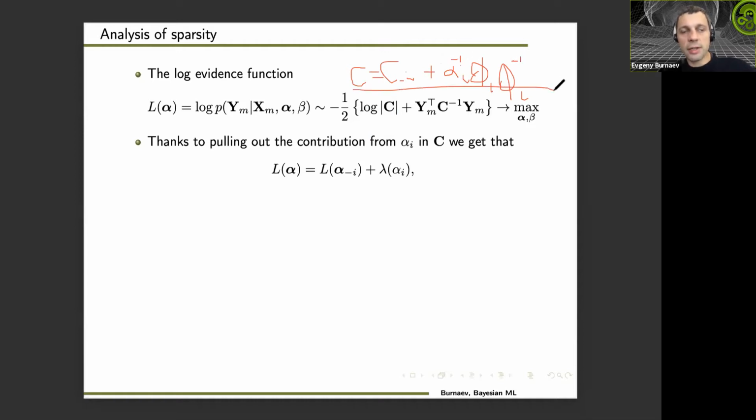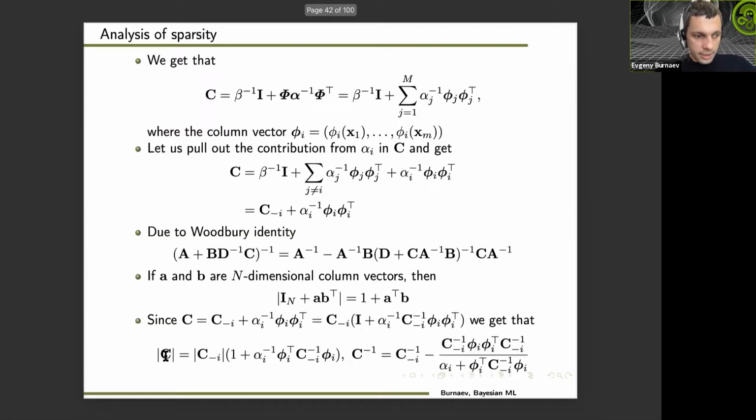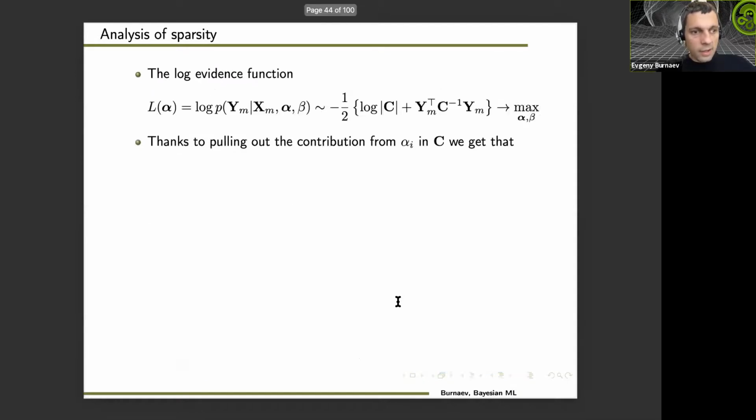Because we divide the matrix C into two parts, the sum of two terms, and because of this identity and this identity here, we get that this function L of alpha can be represented as a sum of two terms.